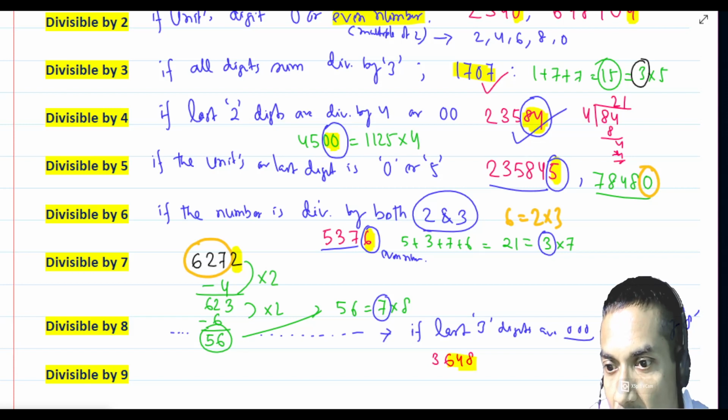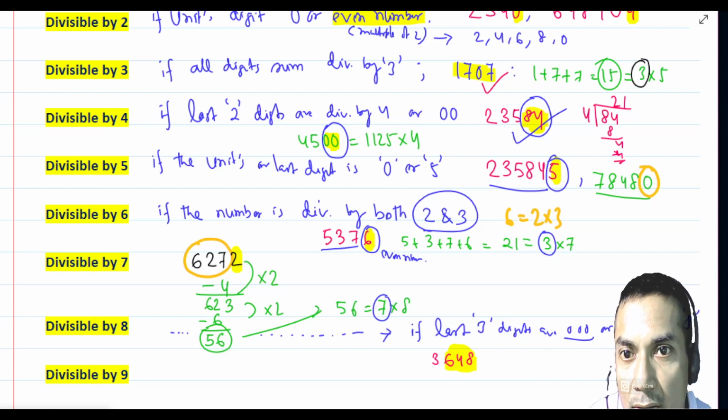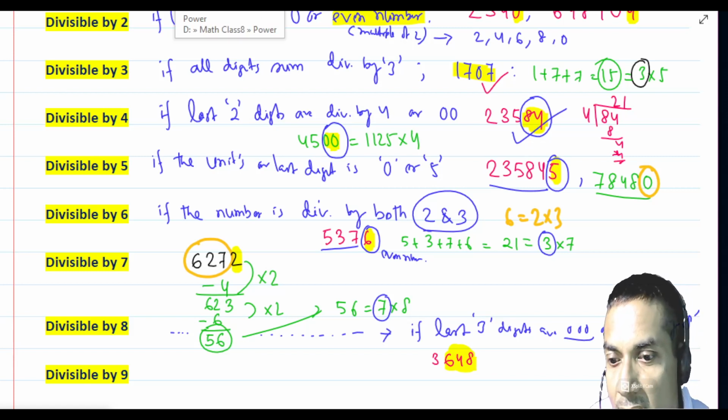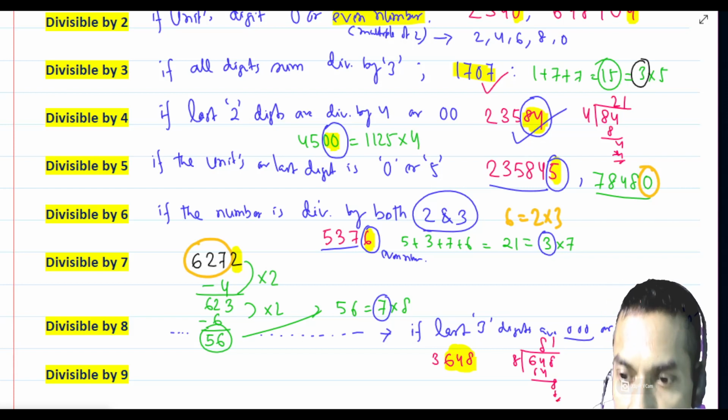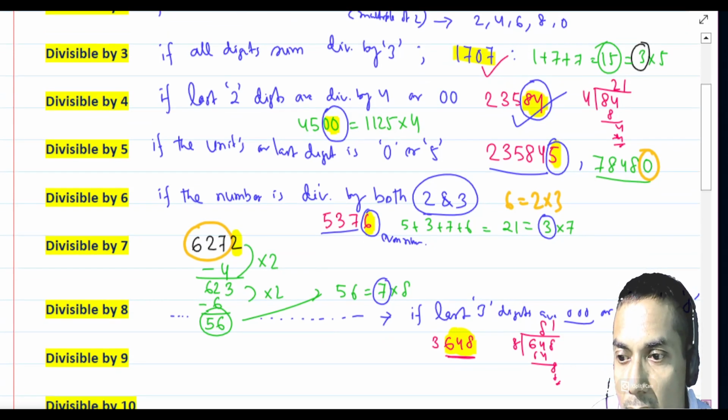Because if we check the last 3 digits, 648, we get the confirmation that this number is divisible by 8. 648 divided by 8 is 81. Clear? So we just check the last 3 digits.